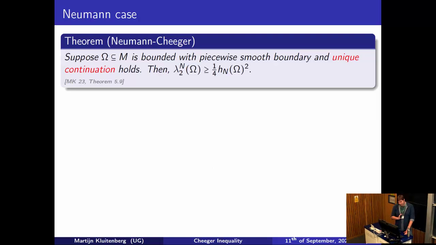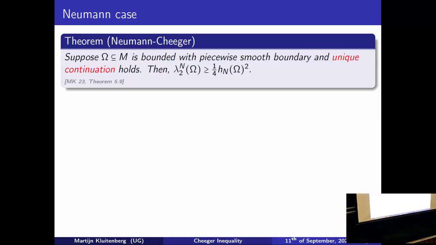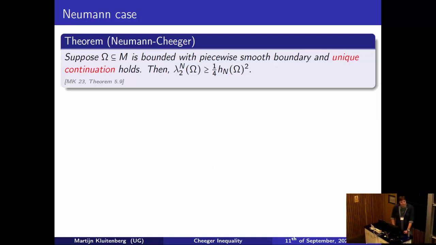I have to put an extra assumption, namely I want to have unique continuation of eigenfunctions, which means that if an eigenfunction of the problem vanishes on an open set, then it vanishes everywhere, which you have for free in the Euclidean case, and which you have if the manifold, the vector fields, and the volume form are all real analytic. But you have to assume this. I don't like that, but we need it.